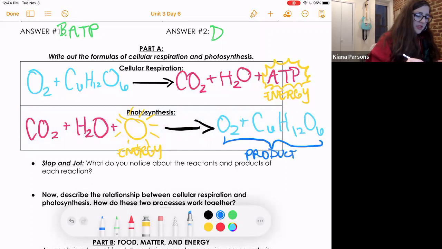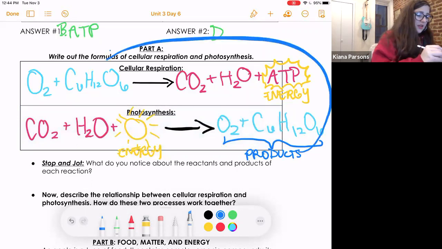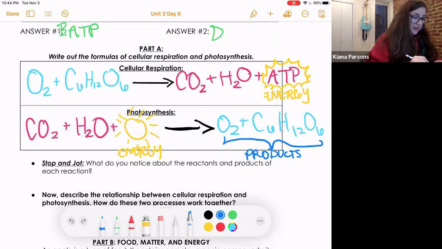of photosynthesis go on to be the reactants in cell respiration and the reactants in photosynthesis are the products of cell respiration.